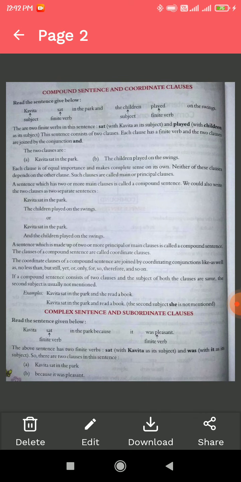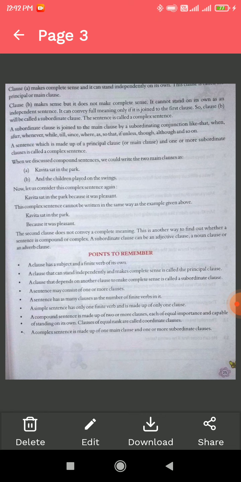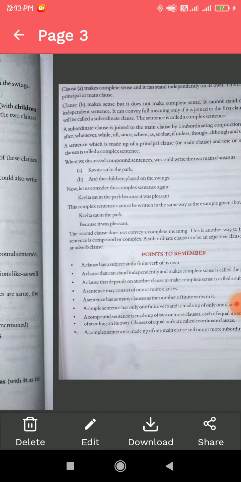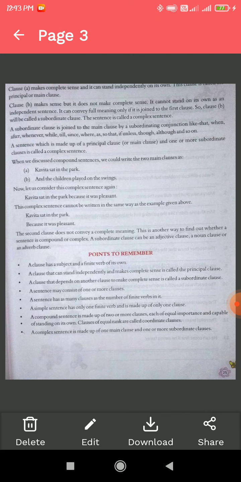But option B is also a clause, but it does not make complete sense until we join this clause to the first clause. Then it makes complete sense. The clause that does not make complete sense is called a subordinate clause. Subordinate clause means it comes under the main clause.